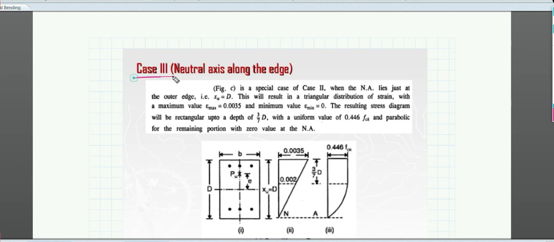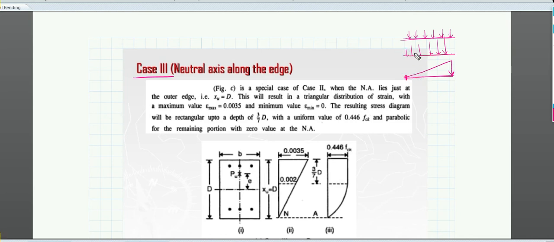Now case 3. Initially we have pure compression, right? All the section has the same amount of compression, that is uniform loading, uniform strain and stress. Second case, we have a trapezoidal distribution, but all the section is under compression. The third case is that the neutral axis is just at the edge. That means it is maximum at one side and zero at the other side.